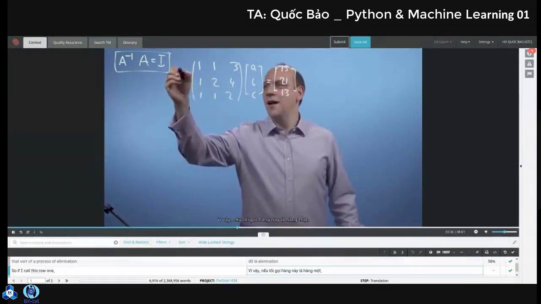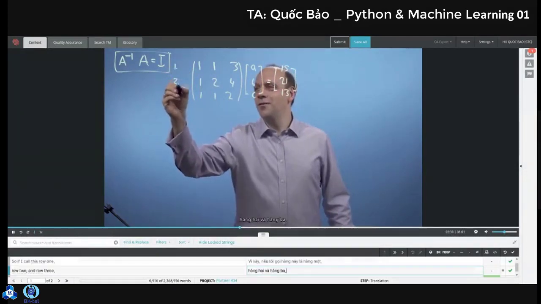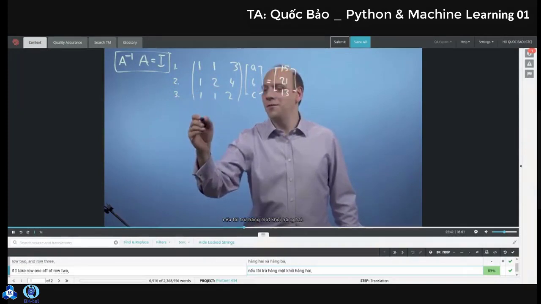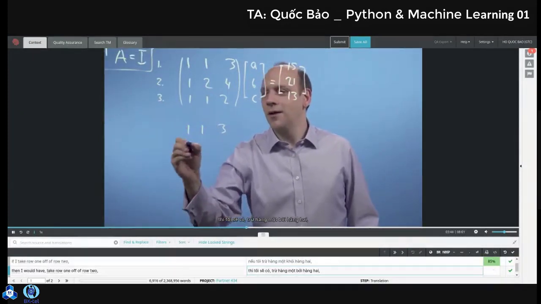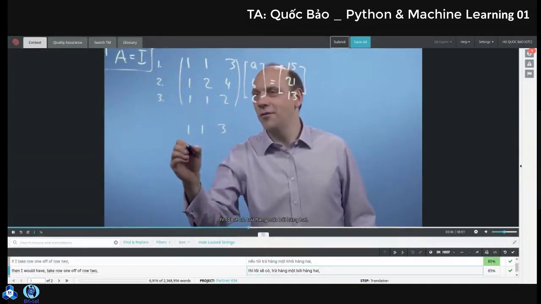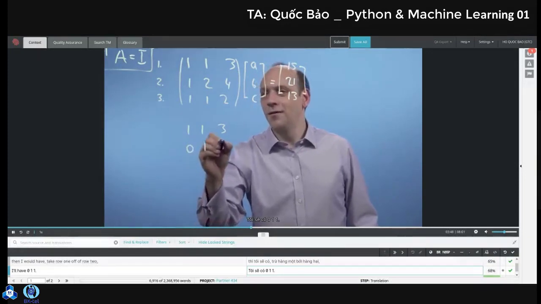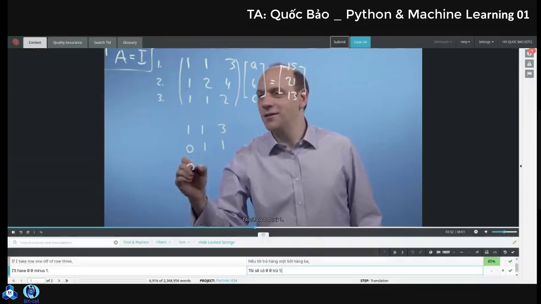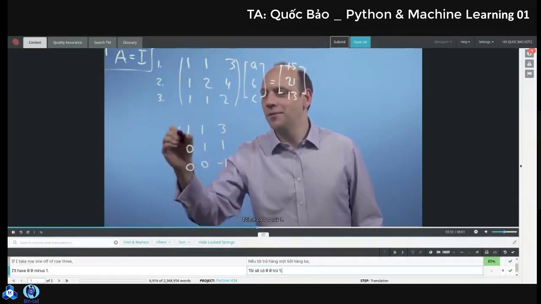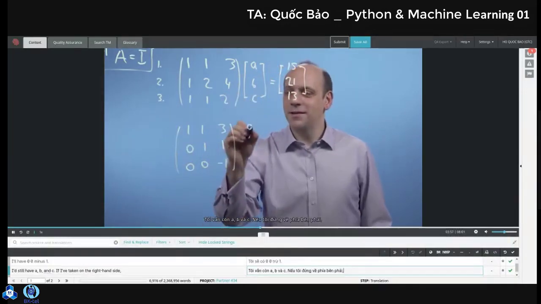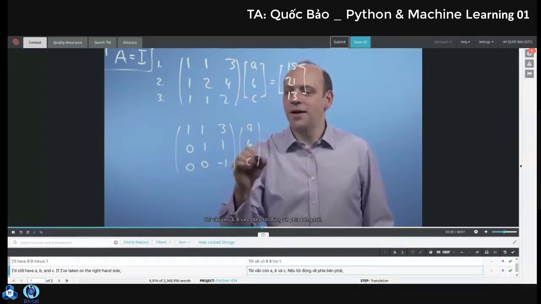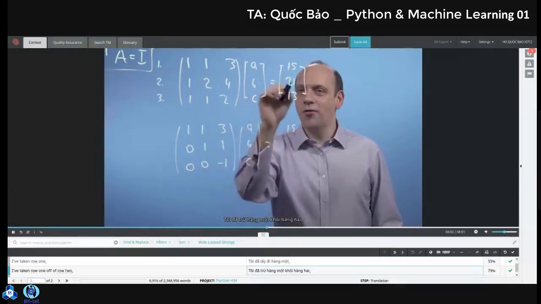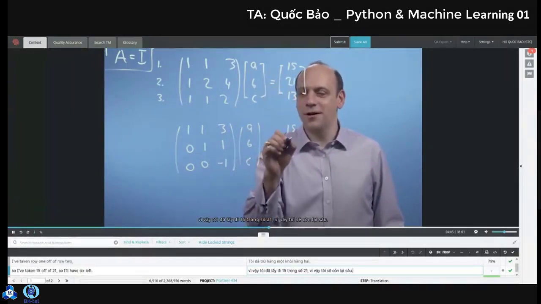So if I call this row 1, row 2, and row 3, if I take row 1 off of row 2, I'll have 0, 1, 1. If I take row 1 off of row 3, I'll have 0, 0, and minus 1. I'd still have A, B, and C. And on the right-hand side, I've taken row 1 off of row 2, so I've taken 15 off of 21, so I'll have 6 left.